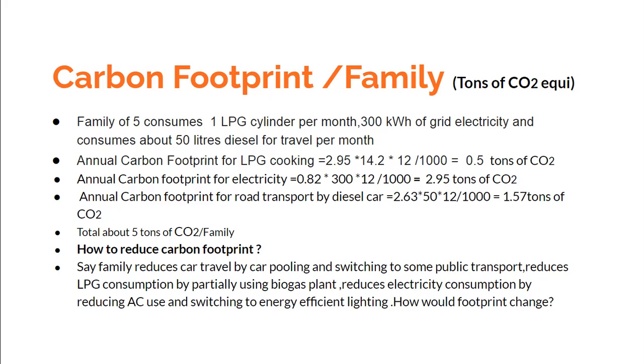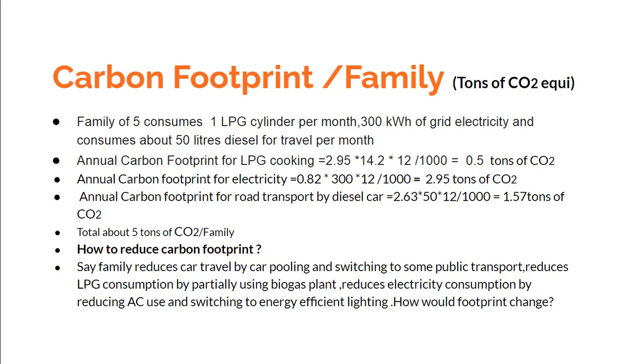They can reduce the LPG consumption by switching over to a biogas plant. So partially, not completely, but they might use the vegetable waste, the food waste, which is being generated in the kitchen, and they can purchase a portable biogas plant and switch some of their LPG needs to the biogas plant.